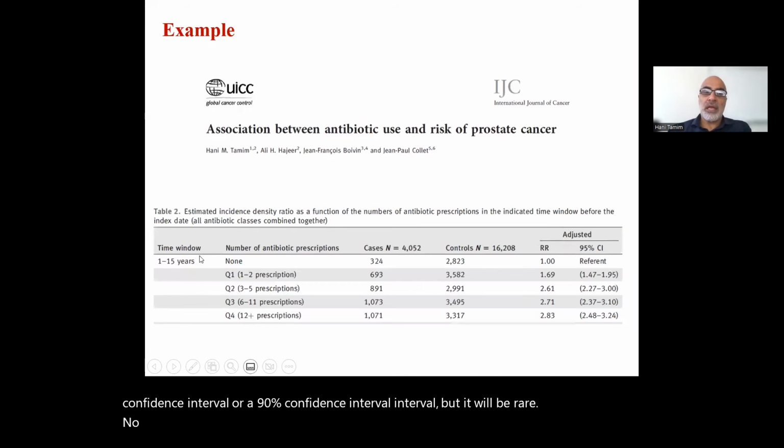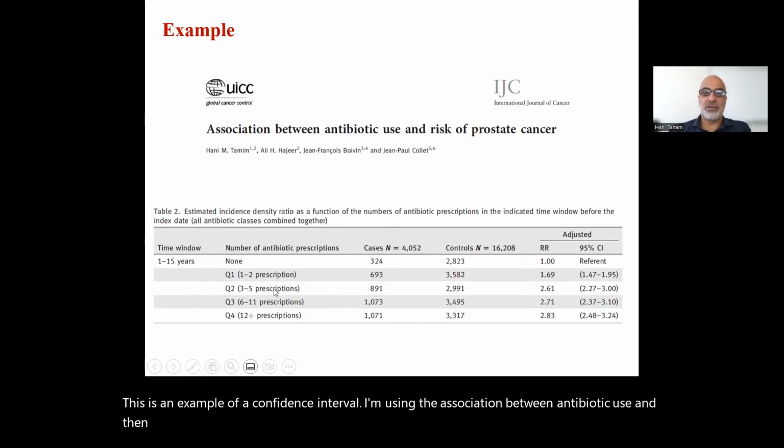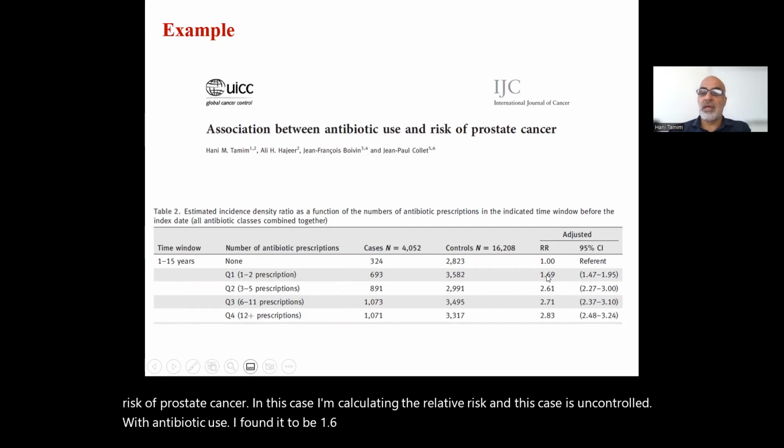Now, this is an example of a confidence interval. I'm using the association between antibiotic use and risk of prostate cancer. In this case, I'm calculating the relative risk. In cases and controls with antibiotic use, I found it to be 1.69. So this 1.69 is only regarding these groups that I have compared.